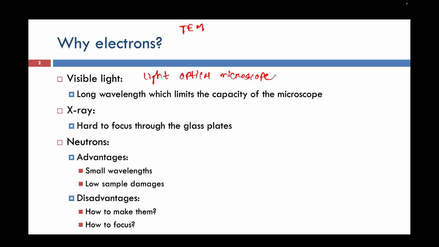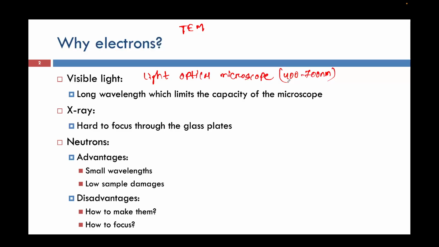Here, though we can see the surface of our material and analyze different types of features using visible light, the wavelength of visible light is close to 400 to 700 nanometers. That is quite long when we talk in terms of electromagnetic radiation, because after visible light there are ultraviolet rays, then X-rays, and then gamma rays.